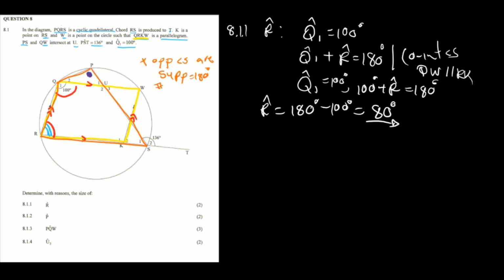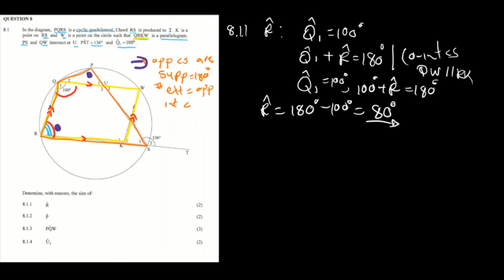Another property is that of the exterior angle: the exterior angle is equal to the opposite interior angle. To find our angle P, we know very well that since this is a cyclic chord, angle P is opposite to angle R. So added together, they must give you 180 degrees. So this first property applies.